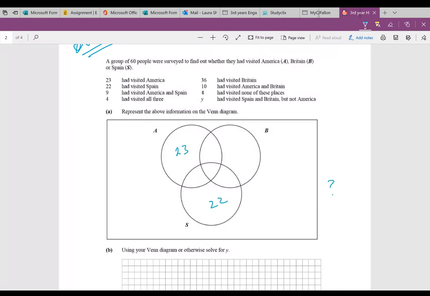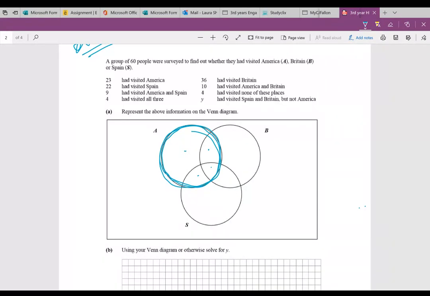So for starters, when I'm told 23 had visited America, that is 23 people in this entire American circle here. Okay, so that accounts for all 4 parts of that circle.